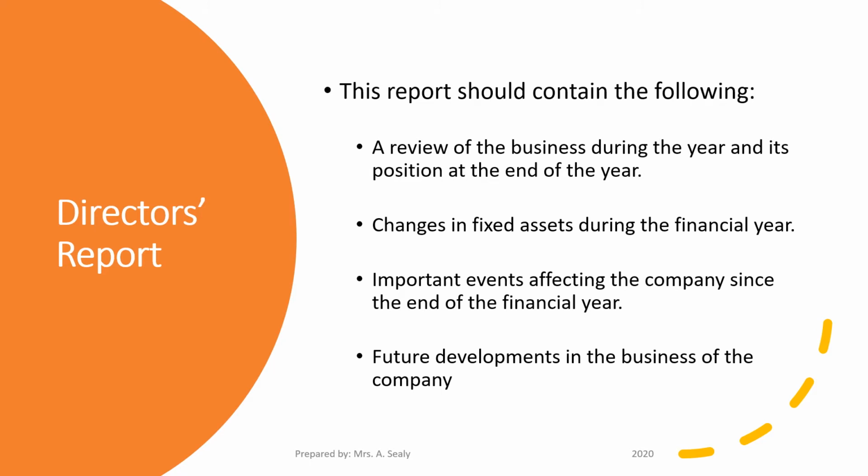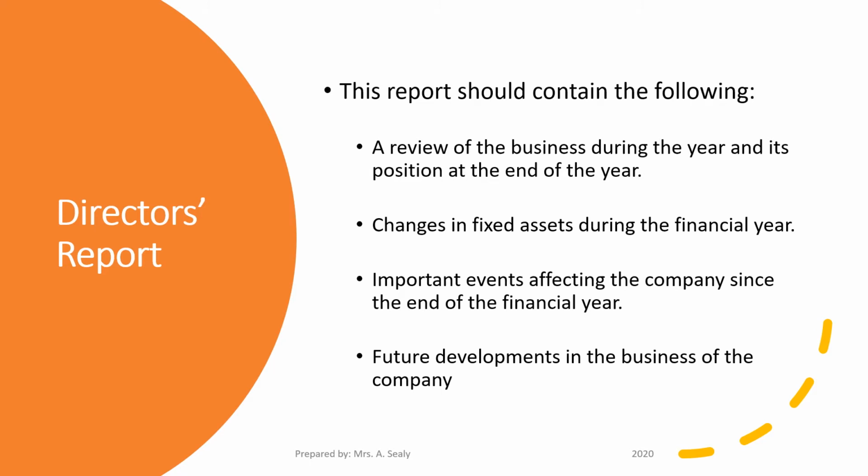For example, also what are the principal activities of the company during the year, and if there were any significant changes in those activities. So the directors will usually talk about what happened during the year with respect to the business and what activities they would have undertaken, and if there were any changes to the usual activities.